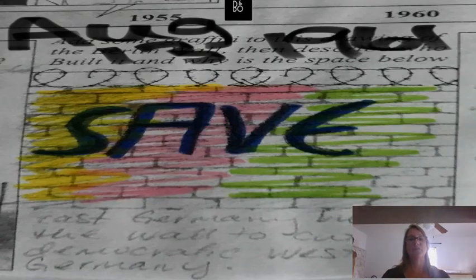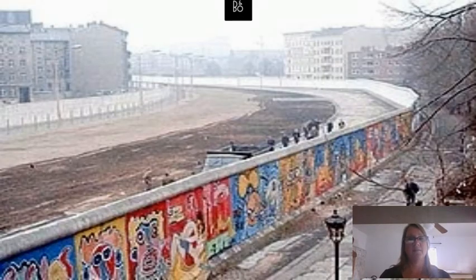So if we were in the classroom, we would have looked up some images of the Berlin Wall. You would have done your own graffiti on it, and this would be why. So here is an actual picture of when the Berlin Wall was still up, and you see on this side of the wall, it's very plain and drab.